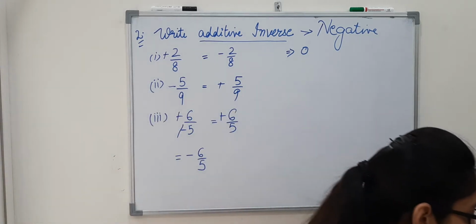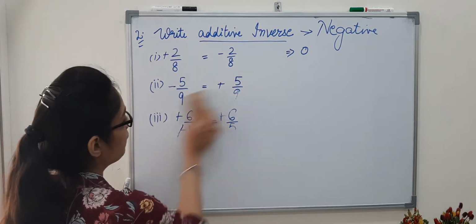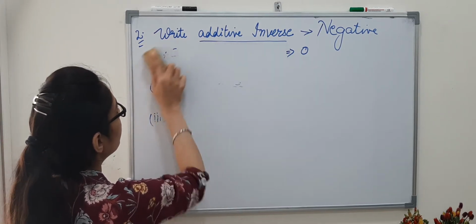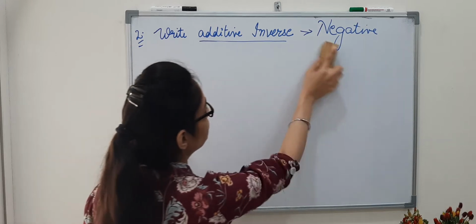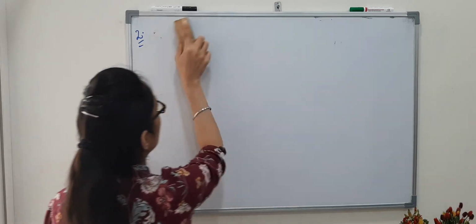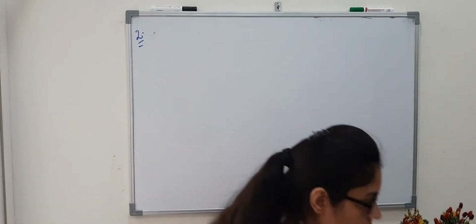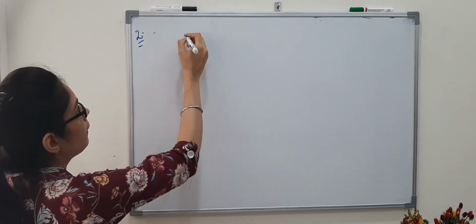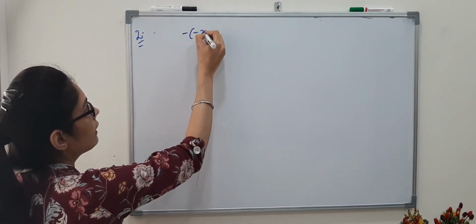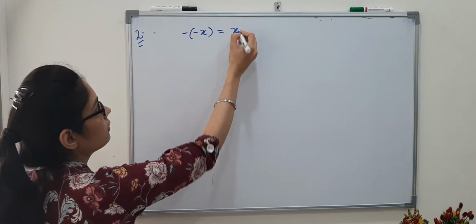Your next question is: verify minus of minus x is equal to x. I'll write down the question. So you have to verify minus of minus x is equal to x.